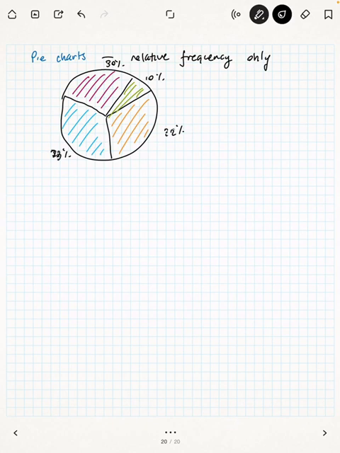So small, minute differences can get lost in a pie chart, and it's much easier to tell that in a bar graph or a Pareto chart. So for that reason, avoid pie charts whenever possible.